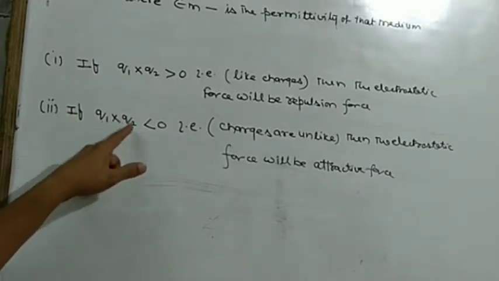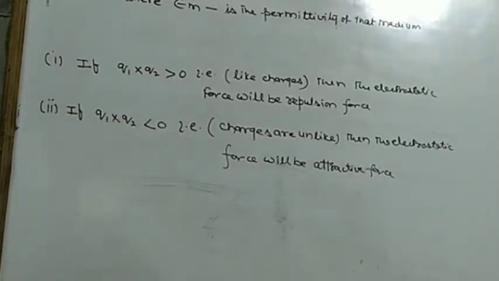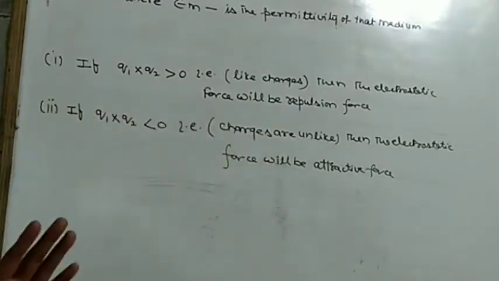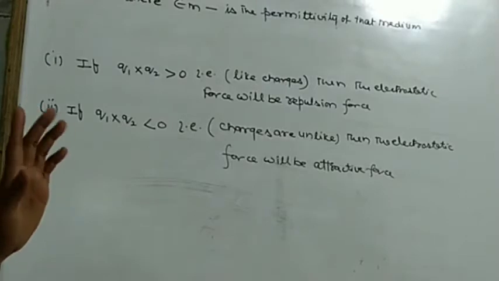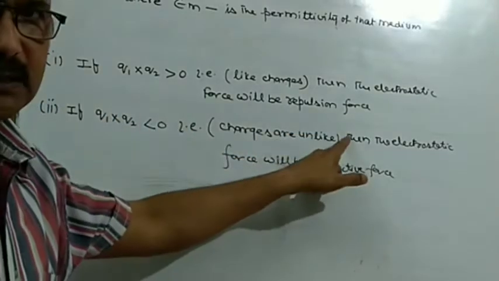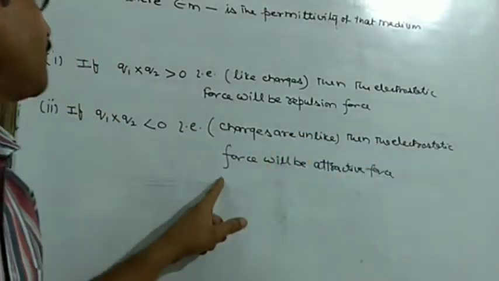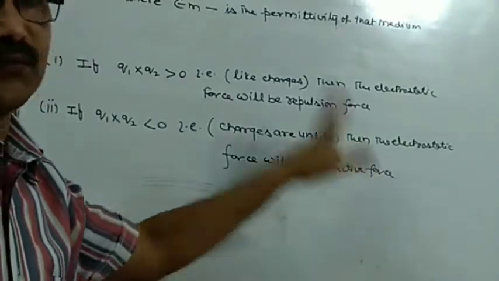Second, if Q1 Q2 is less than 0, it means the product is negative, and this is possible when the charges are opposite, means charges are unlike. Then the electrostatic force will be attractive force.